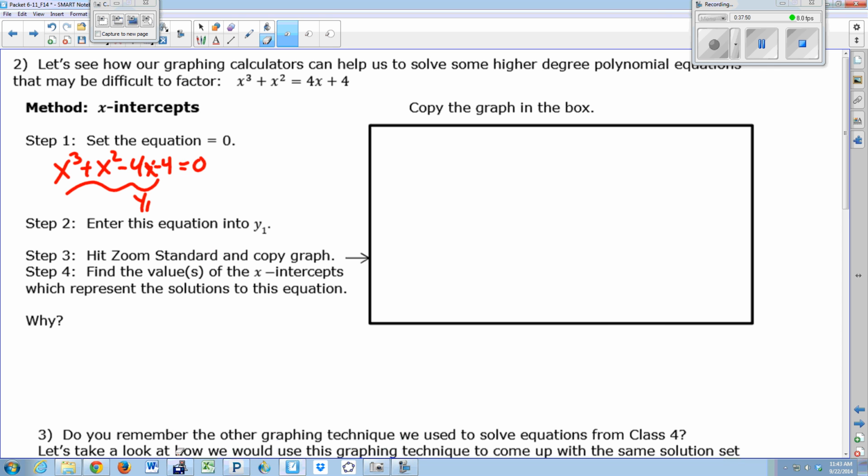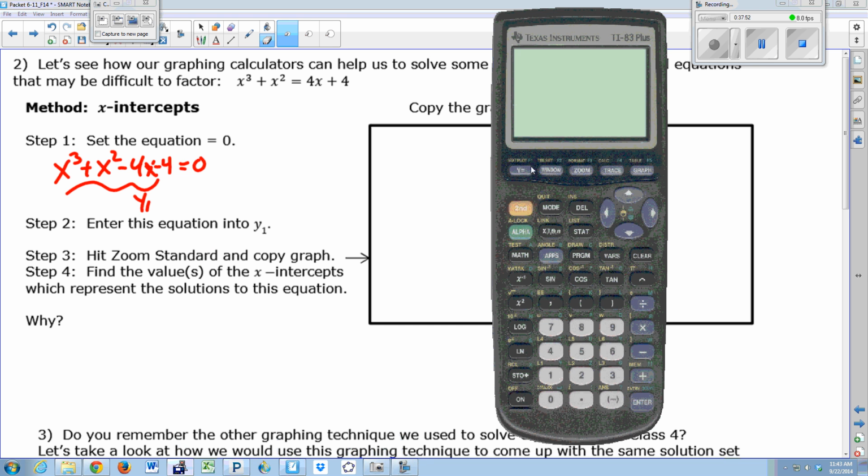Okay. So you open up your calculator, you say y equals, turn it on first, y equals, and let me clear this out. All right, so let's go up here. So I'm going to put x cubed plus x squared minus 4x minus 4. Okay.